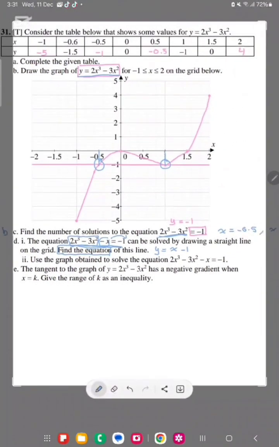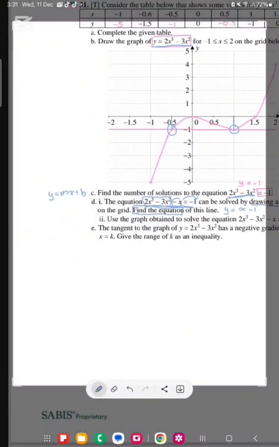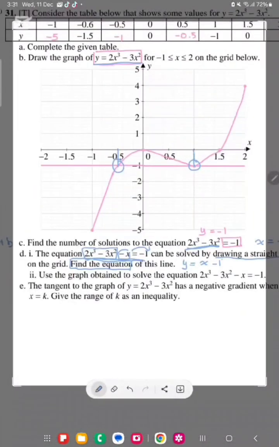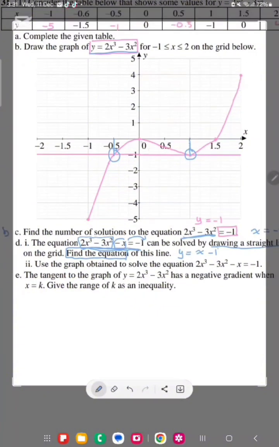Okay, now you're gonna draw the equation. This is your part B. So draw it. How do you draw it? You find the points first of all. So take any random points and put them in the equation. So let's say you take 0. When x is 0, y is equal to negative 1. So here.